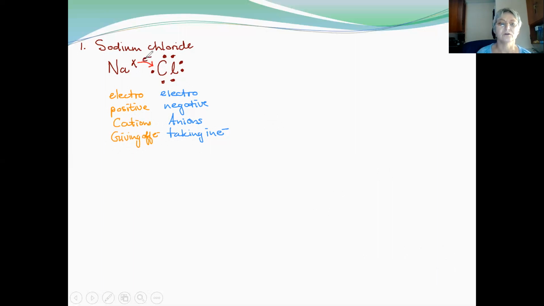The electron goes from sodium to chlorine, and then sodium would be a positively charged ion. And chlorine is drawn in square brackets like this, and all its electrons are shown like this, with that extra electron that comes from sodium, and it's got a negative charge on it.